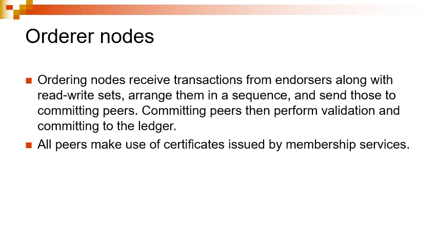So ordering nodes, the function of these nodes is to sequence the transaction, to put the transaction in order. So ordering nodes receive transactions from endorsers along with read write sets, and these ordering nodes arrange the transactions in a sequence and send those to the committing peers, and committing peers then perform validation and committing to the ledger.